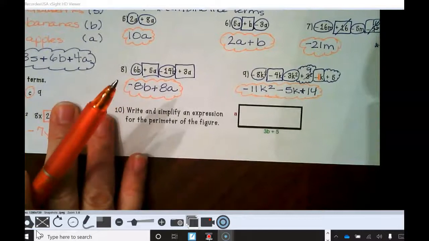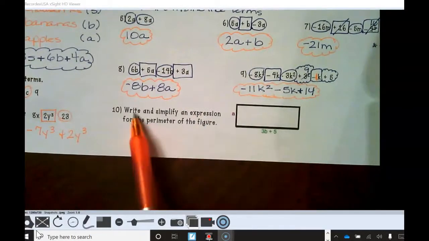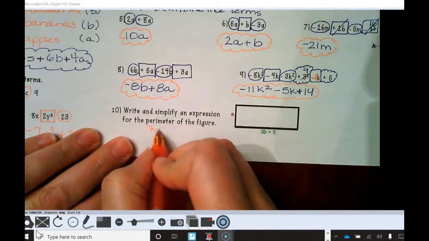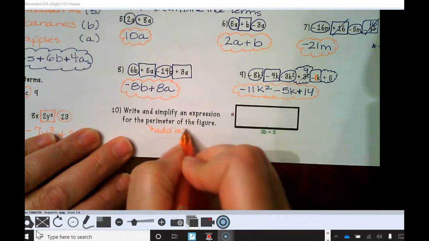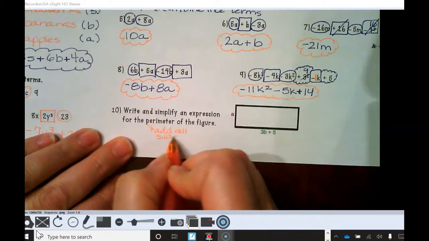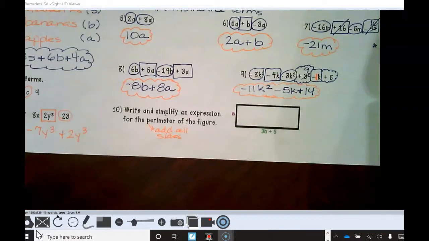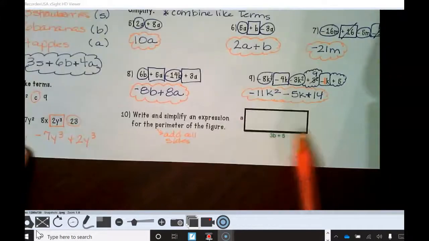Okay, we can use expressions in geometry as well. It says to write and simplify an expression to find the perimeter. Remember that perimeter, you're going to add all sides. So since a rectangle has 1, 2, 3, 4, you've got to add 4 things. But we only have 2.